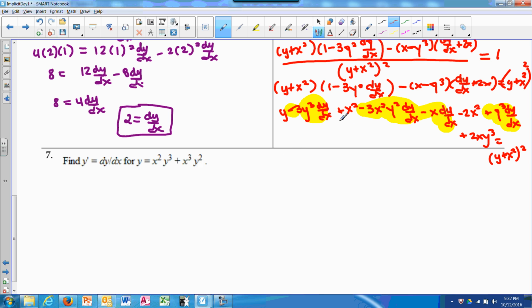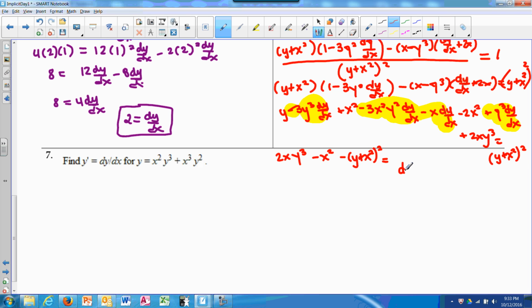So I'm going to have the x squared and the negative 2x squared, and then I have a positive 2xy cubed. So 2xy cubed minus x squared are the only non-dy terms besides the y plus x squared quantity squared when we move that over, equals.